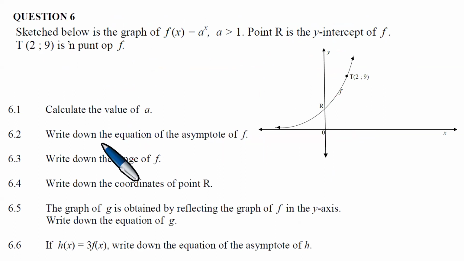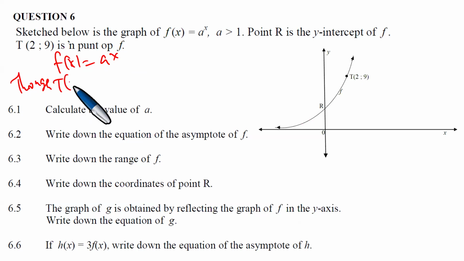Right, to find the value of a, there are a couple of things that you need to consider, but you need to consider the fact that you have the function f of x, which is a to the power x, but this function itself passes through the point (2; 9), which means you have x and y, which means y is 9, a to the power x is 2.